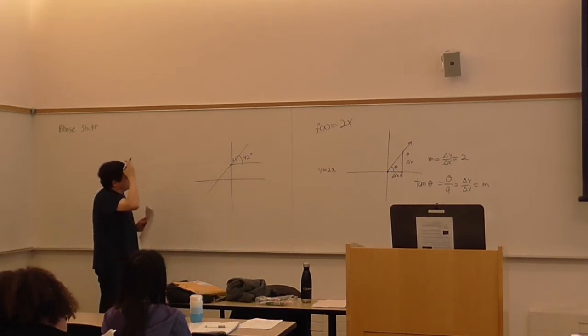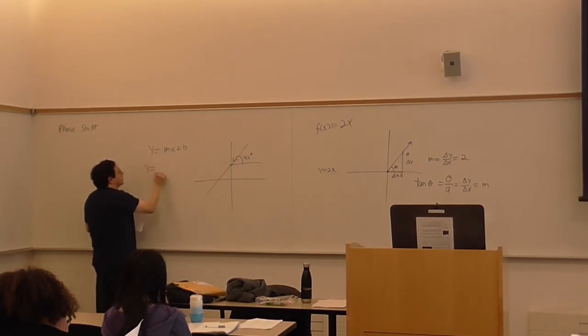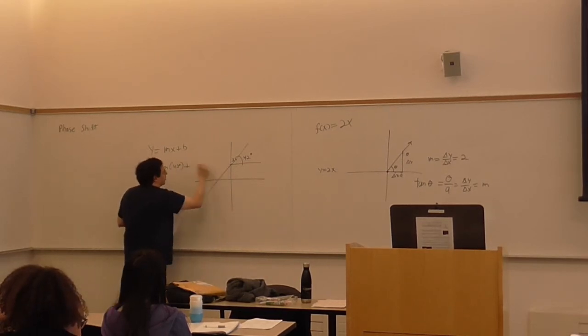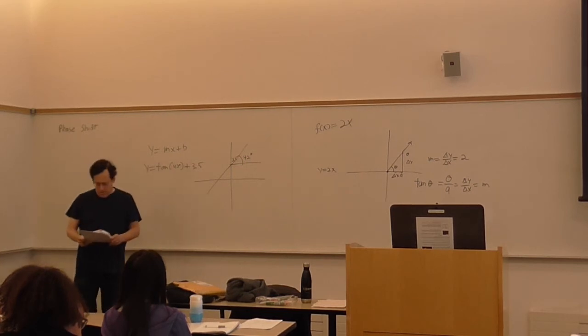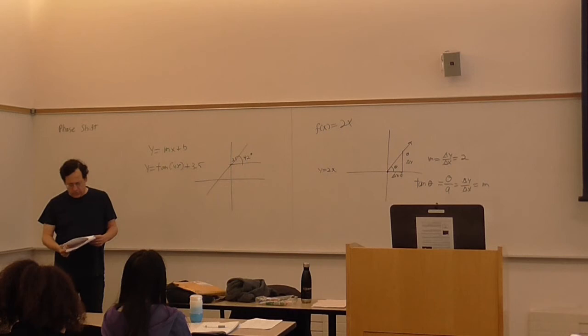Well, at first that looks a little odd, but you go back to y equals mx plus b. Well, m is just the tangent of 42 degrees plus my y-intercept, and there's my line. So, just a useful feature.